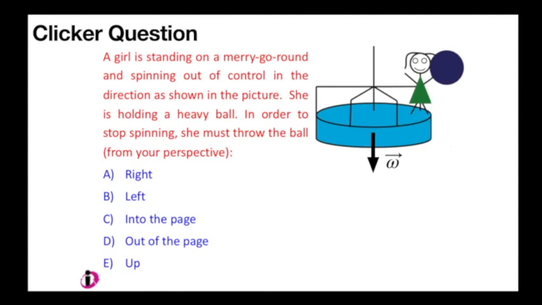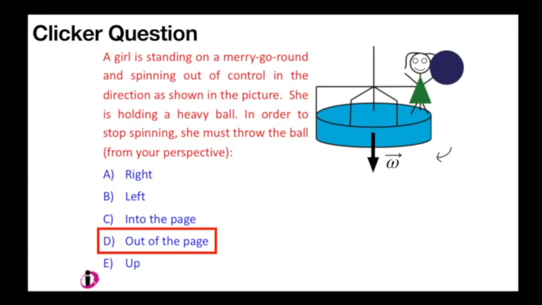Okay, let's figure this one out. So the answer, which she did really well on, was out of the page, is where she needs to throw the rock. So let's go through this. First, we figure out that this angular momentum vector is pointing down, so we usually do the right-hand rule maybe in the other way, like wrap our fingers and then look at our thumb.